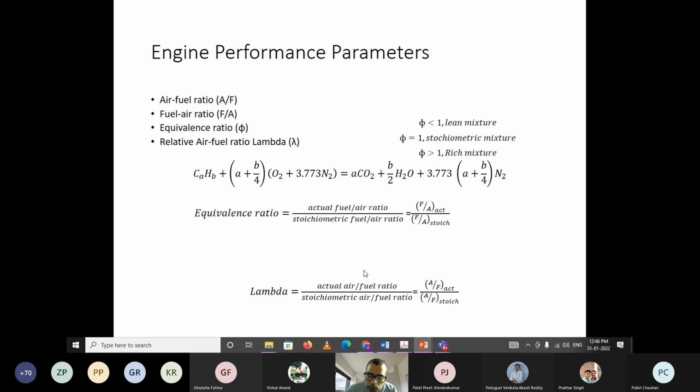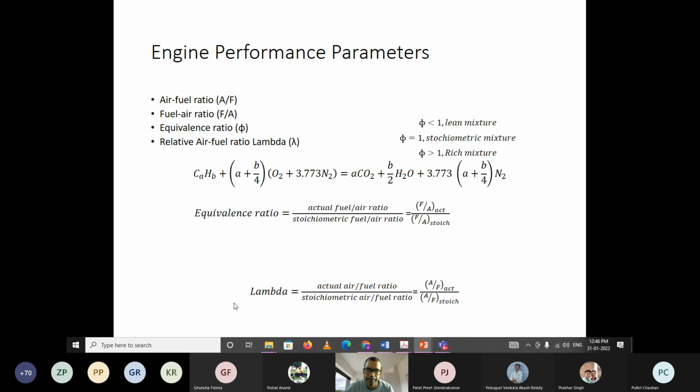But now there is a situation in which the engine is running at a certain operating condition. We are measuring air and fuel and calculating lambda, and we find lambda is coming greater than 1. Let us suppose 1.2.